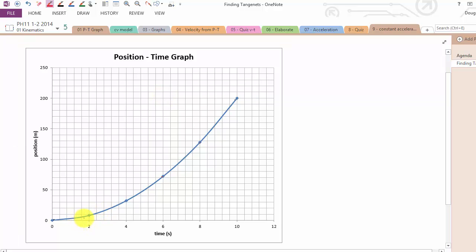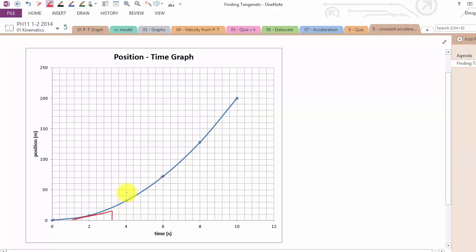So what I'm going to do here is, at each one of these different times, try to draw a tangent line. My tangent lines won't look super great. It's kind of difficult to draw accurate drawings on these tablets. So I think that's my first tangent line.